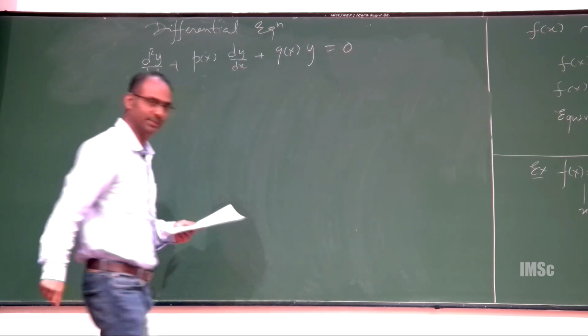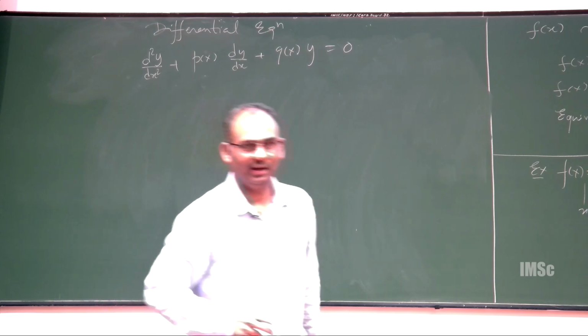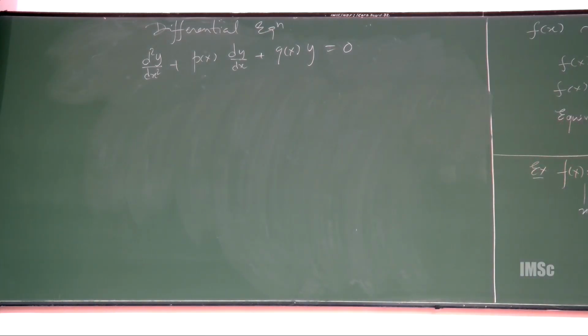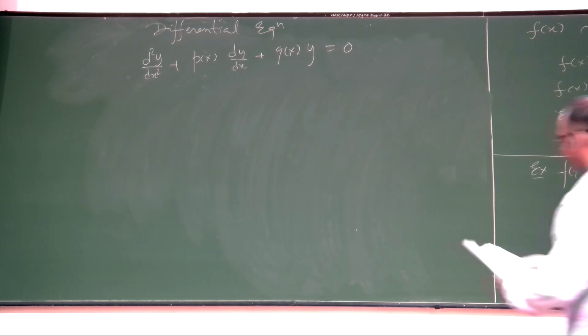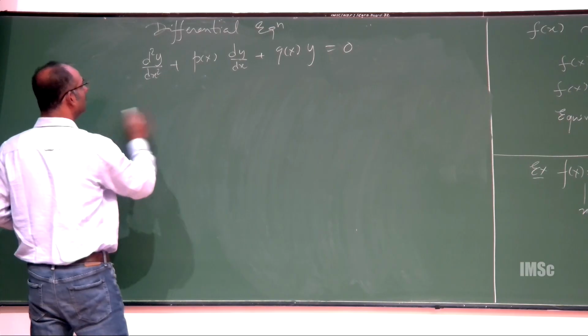I'm looking at homogeneous equations, and you can take a point x naught and classify whether the point x naught is an ordinary point of this differential equation or a singular point, and if it is singular, it could be a regular singular or irregular singular point. I would believe most of you have studied these things, but nevertheless I'll write this.